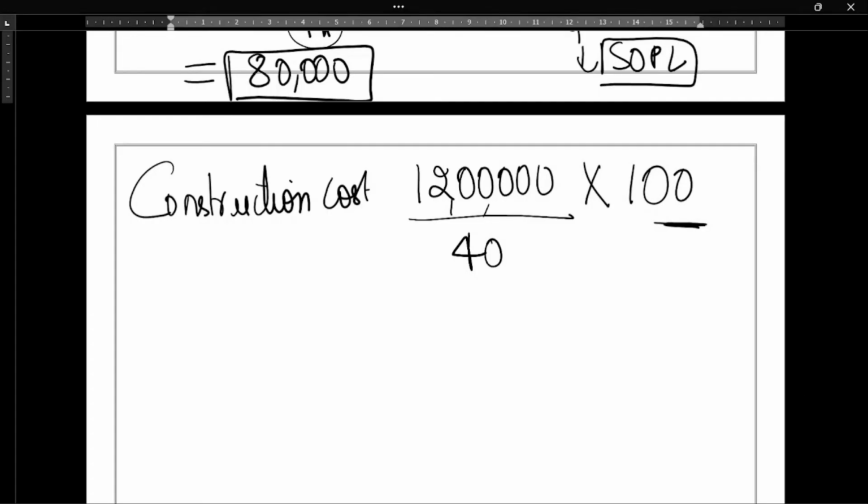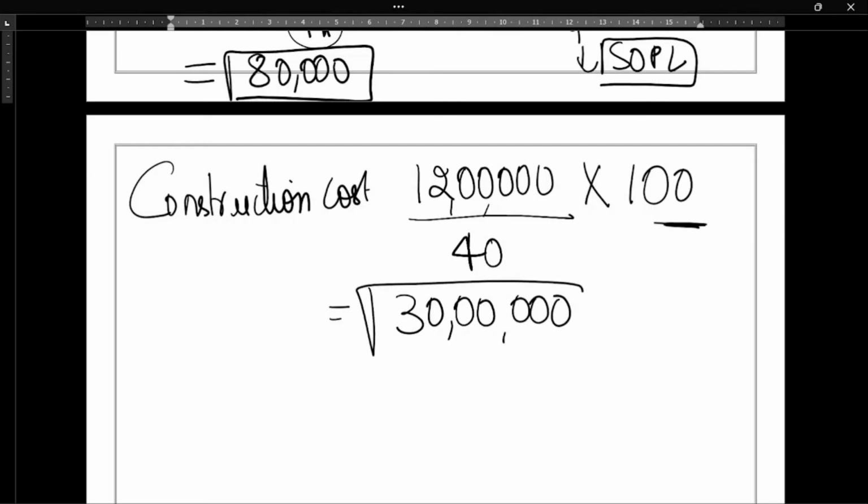So 12 lakh divided by 40, into 100, because we need the full cost. It will be 30 lakh. The total construction cost of the asset is 30 lakh.